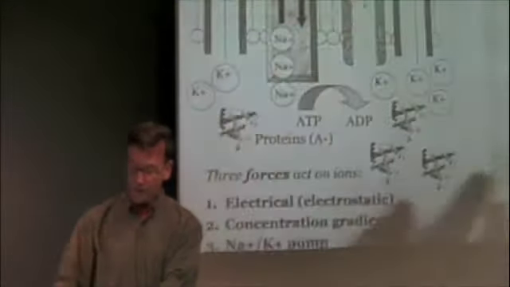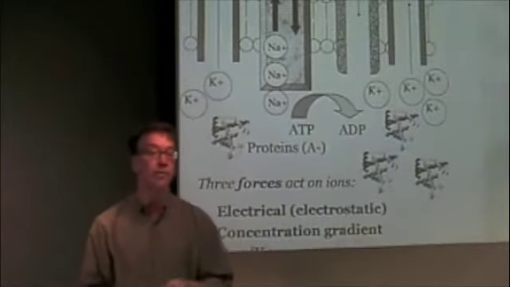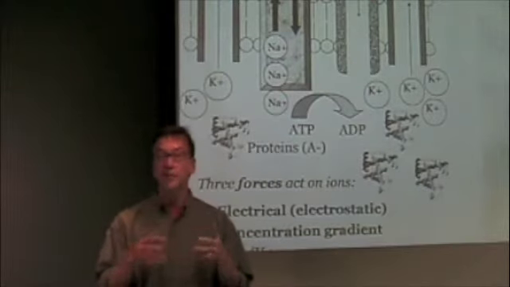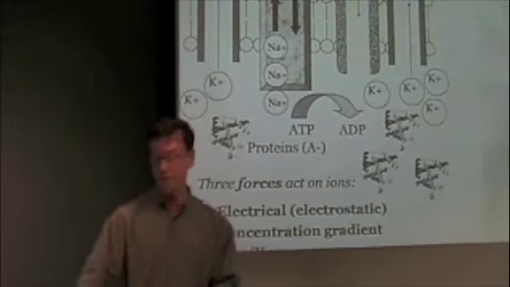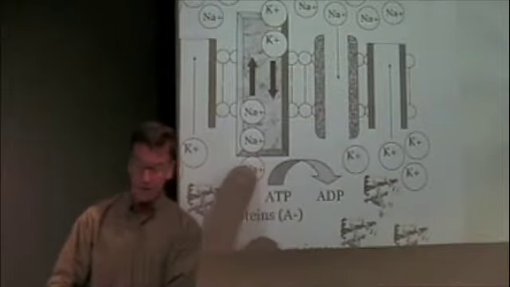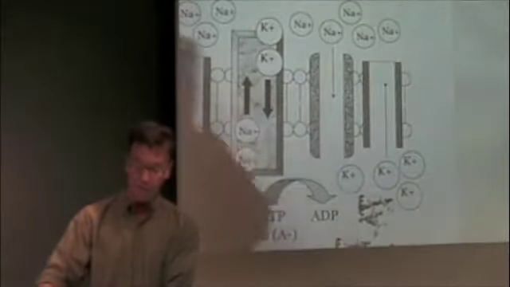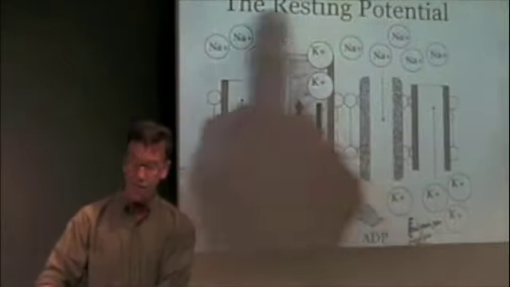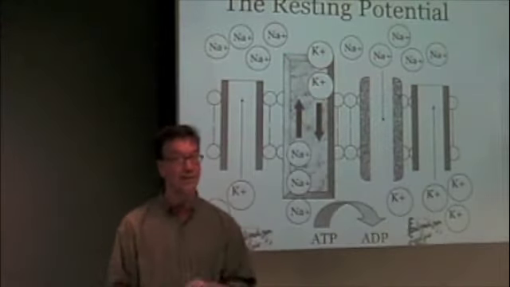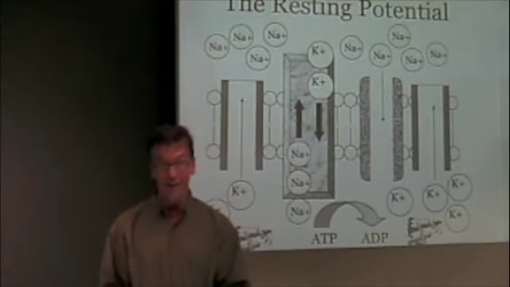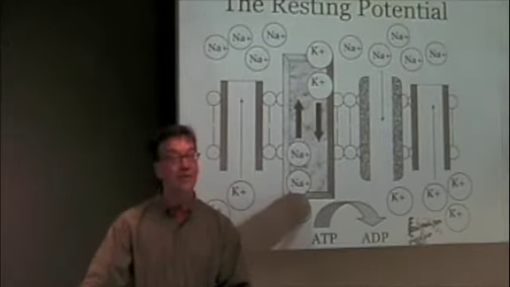Well, you also have gradients in relationship to the concentration of specific ions. If you look at, for example, sodium, there's a lot of sodium represented outside the cell. There's lots and lots of it. I want you to think about why. It's because the pump is kicking it out.